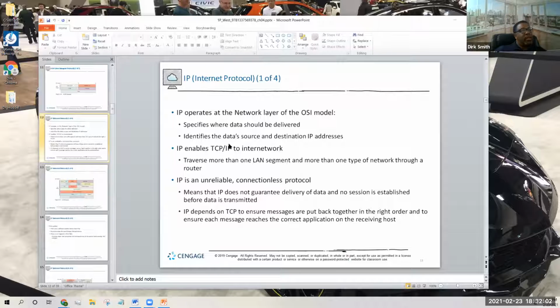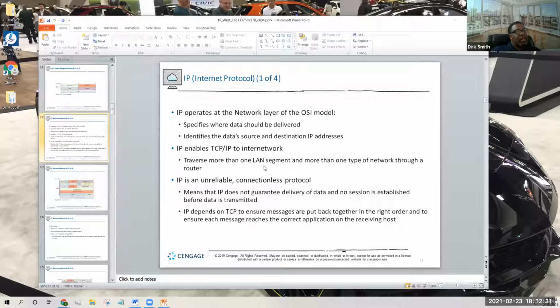So let's talk about the Internet Protocol, the IP. It operates on the network layer of the OSI model. It tells when the data should be delivered and identifies the data sources, the destination, and the address. The IP part of the TCP/IP protocol transfers data across more than one LAN segment and more than one type of network through a router.